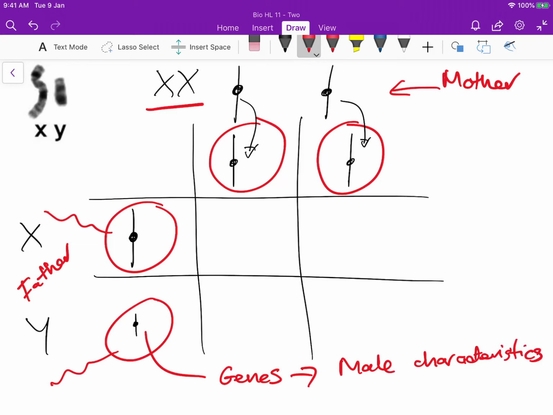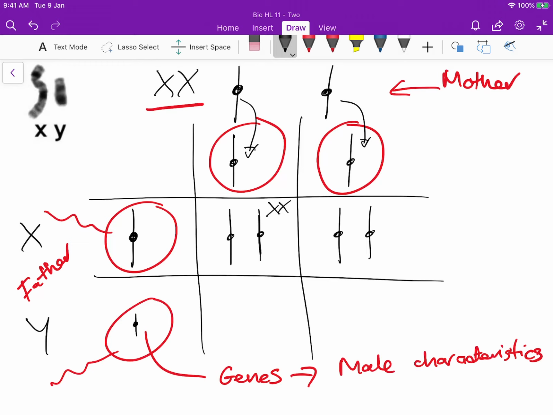If we look at the odds of getting offspring, if the male puts in an X chromosome, then we get two long X chromosomes, XX, and you get a baby girl. That's going to happen half the time.